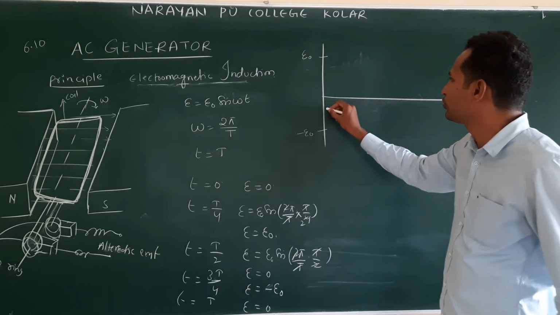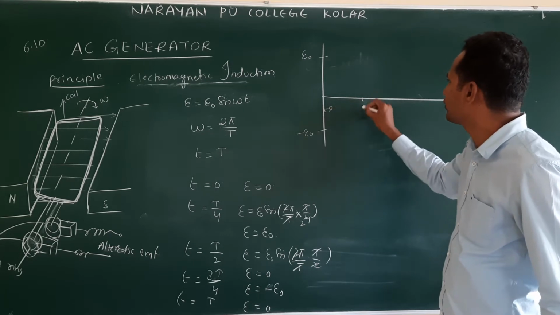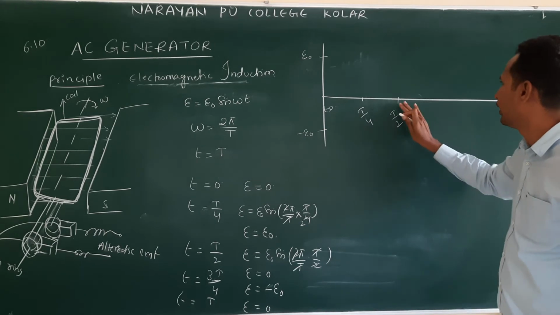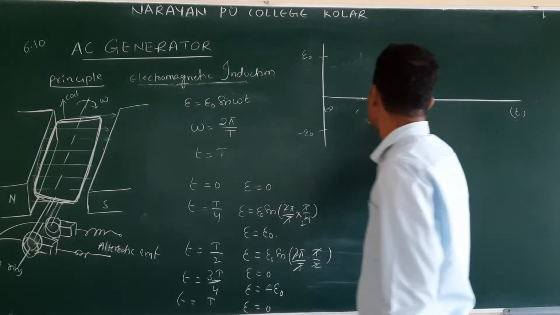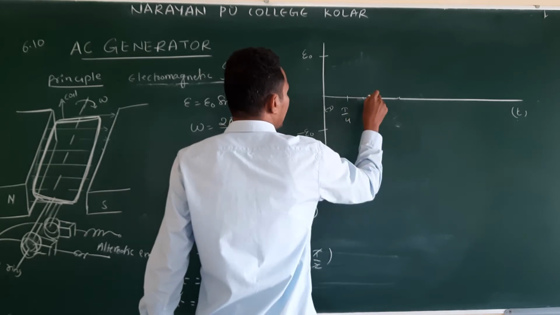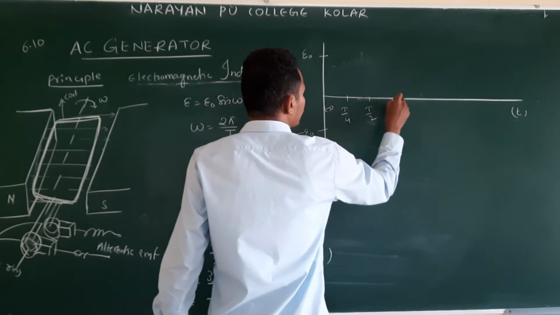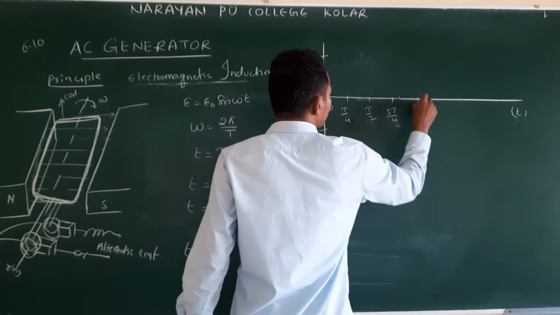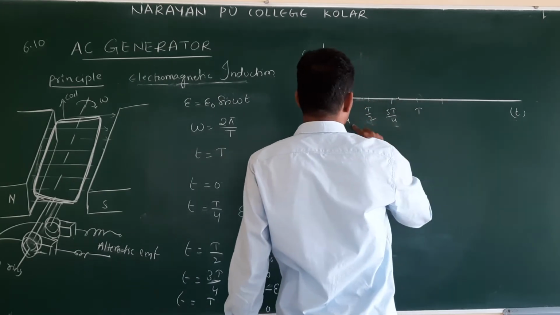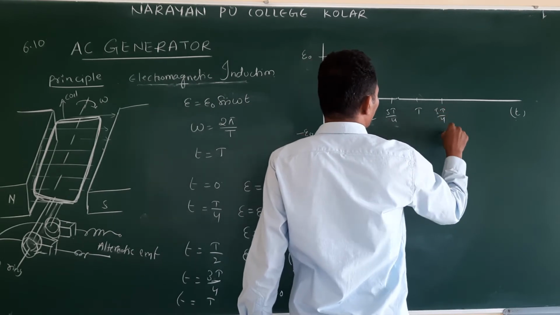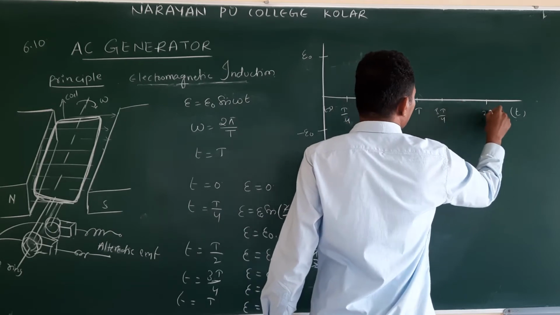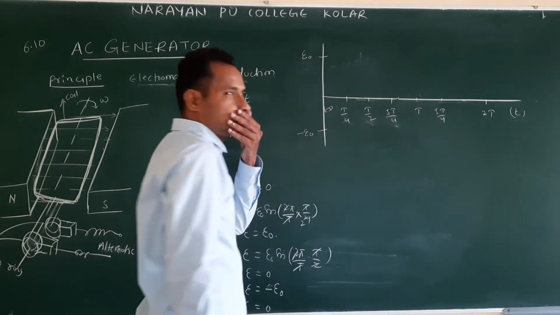When T is equal to 0 here, this is T by 4, this is T by 2, this is 3T by 4, and this is T. One cycle over. Next, 5T by 4, like that. Somewhere here we will have 2T, next 3T, like that.